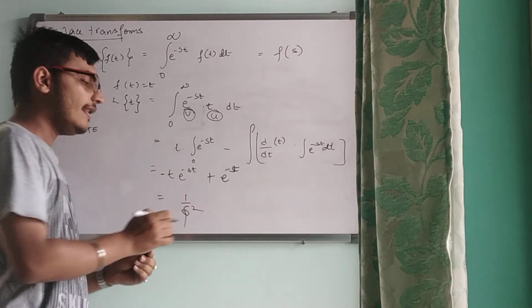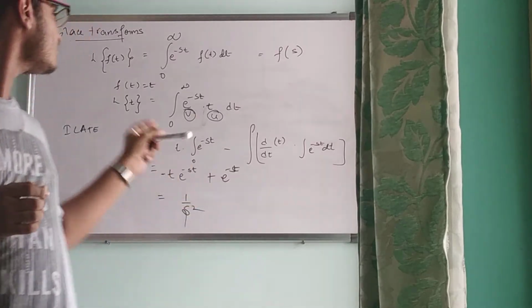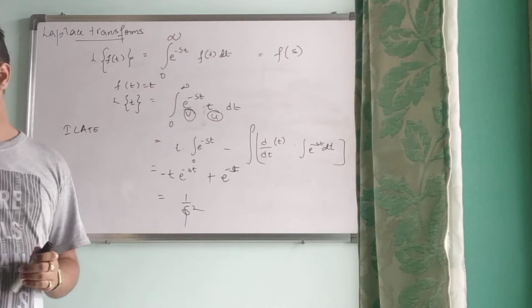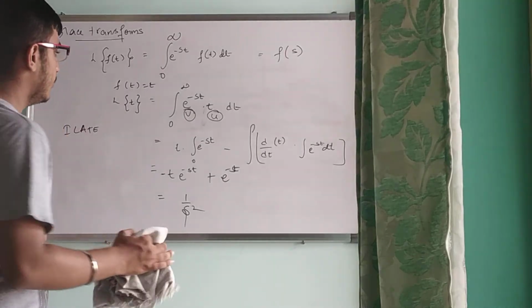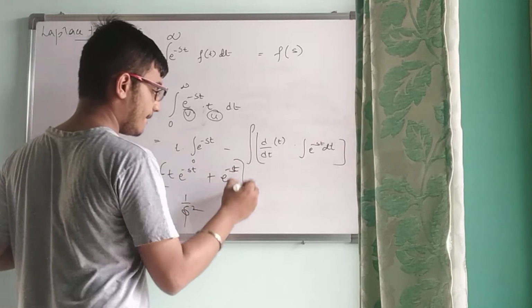Sorry, the Laplace transform of the t function is 1 by s square. When you solve this, substituting the limits from 0 to infinity, you get the value.